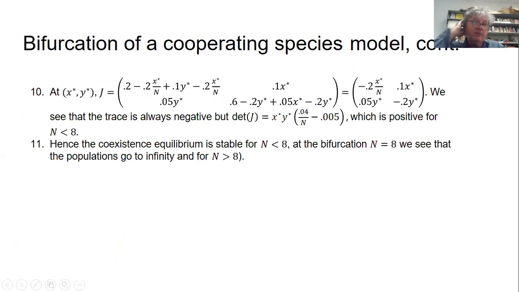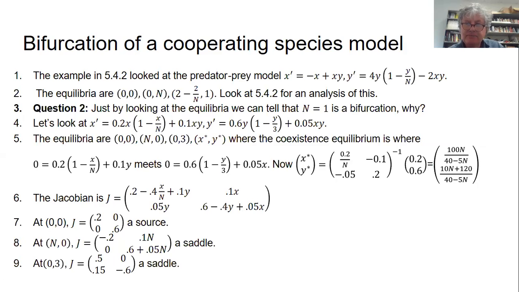Okay, what happens when there's both species around? We plug x star, y star into the Jacobian, and at first we think there's a mess, but there's a nice little trick to use, which is the fact that the definition of x star and y star is that it's where those 2 non-zero nullclines meet.